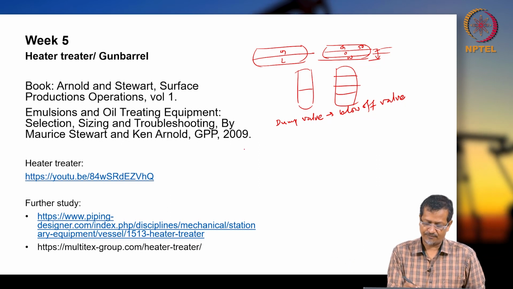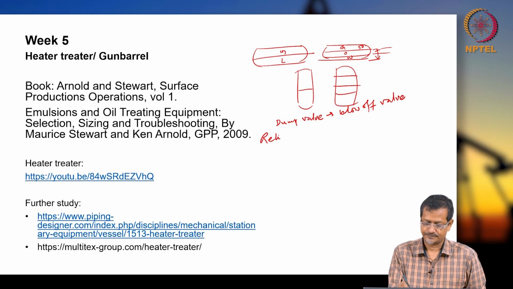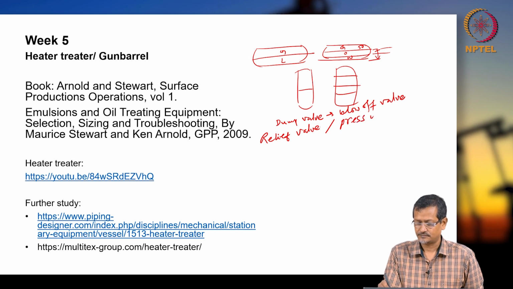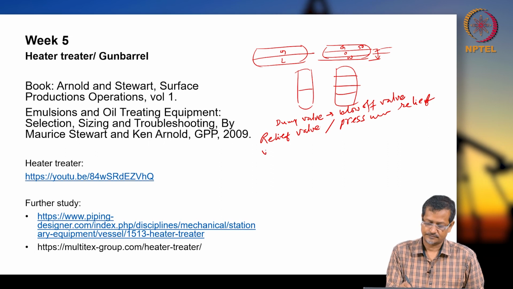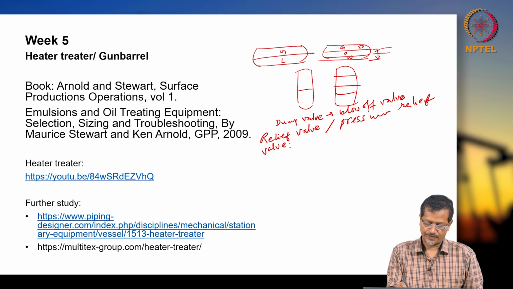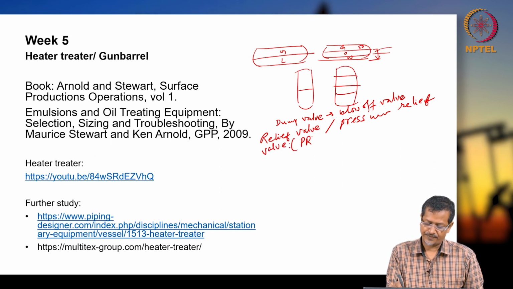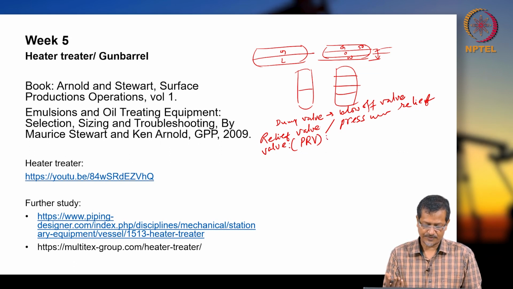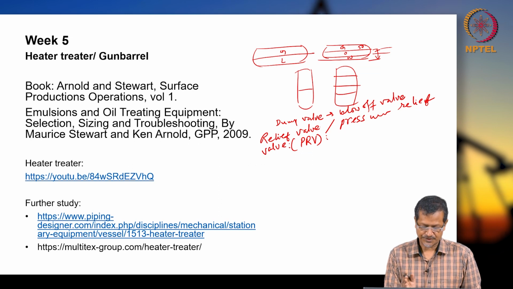Another one is the relief valve, or pressure relief valve. When you say PRV, in short form, it is the relief valve or pressure relief valve, a safety valve used to control or limit the pressure in a system.